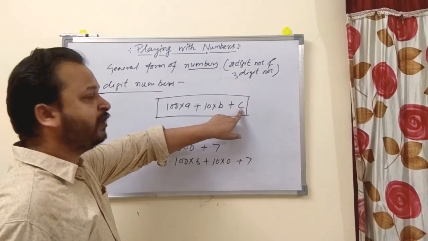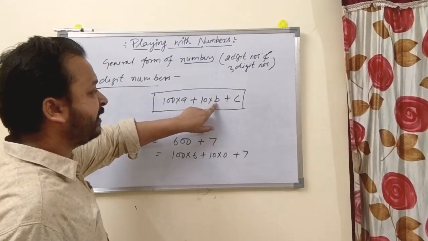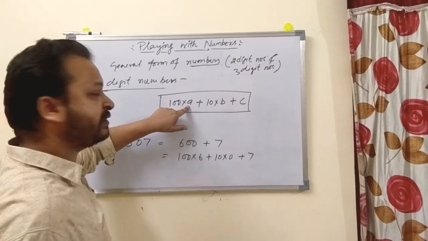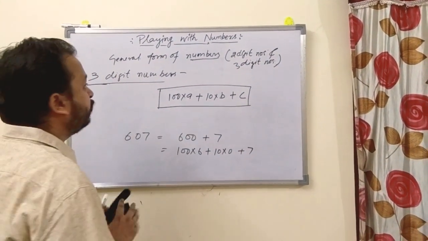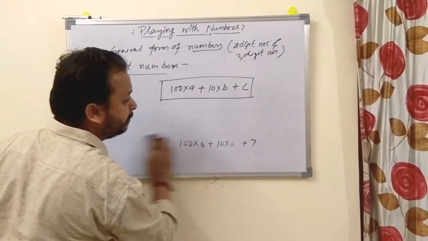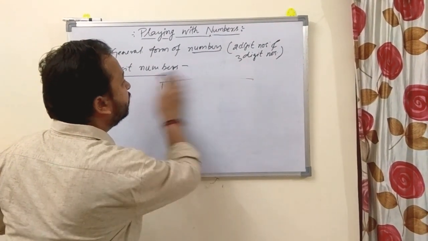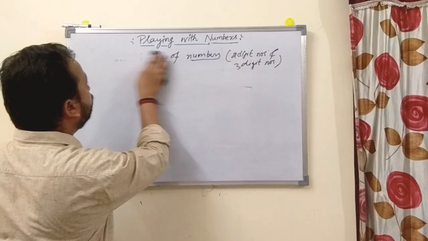Means C is the unit place digit, B is the tens place digit, and A is the hundreds place digit. So now we are going to take word problems to understand this topic.